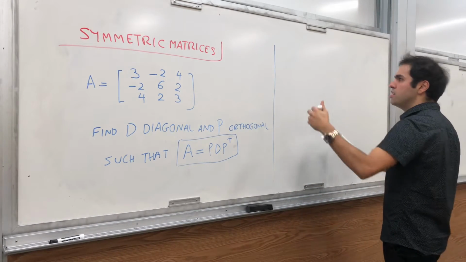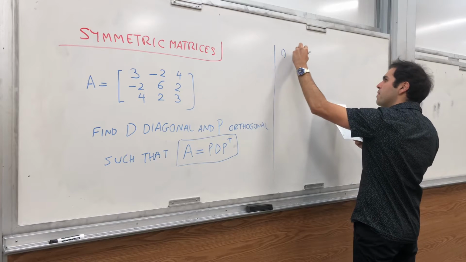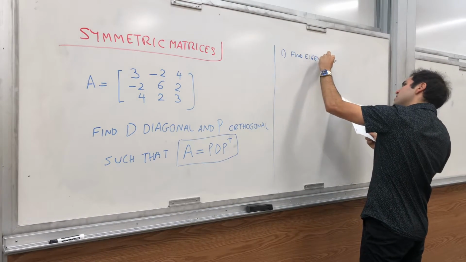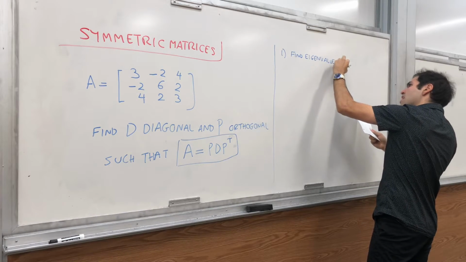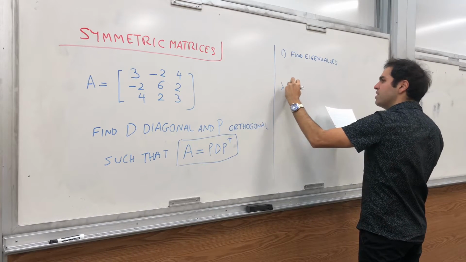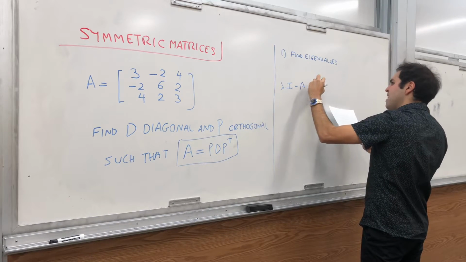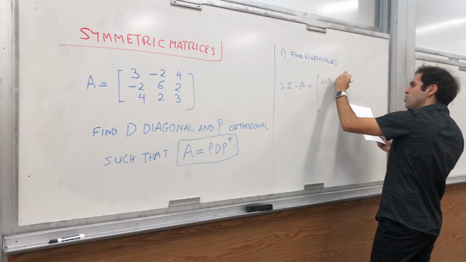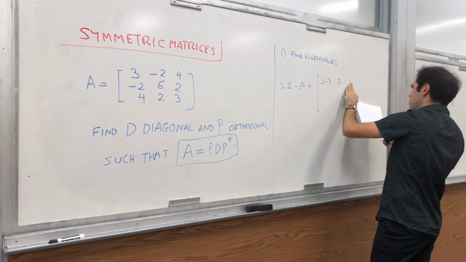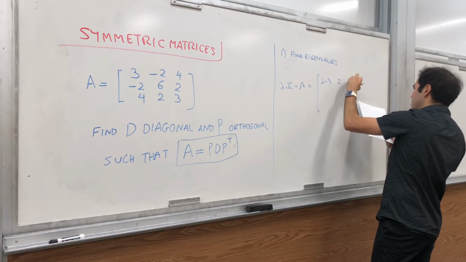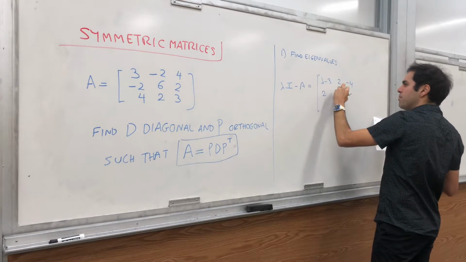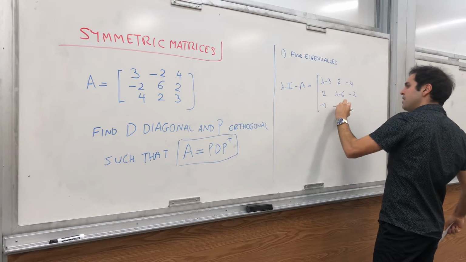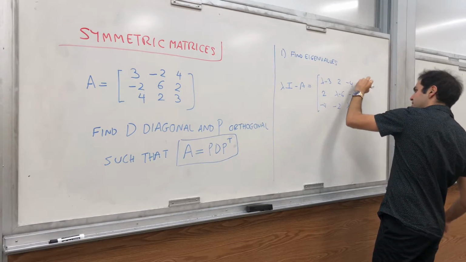So the first thing is find the eigenvalues of A. And so, you really find the determinant of lambda I minus A. And lambda I minus A is the matrix with rows: lambda minus 3, 2, 4; then 2, lambda minus 6, minus 2; then 4, minus 2, lambda minus 3.